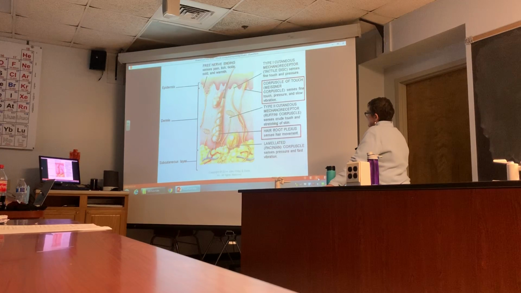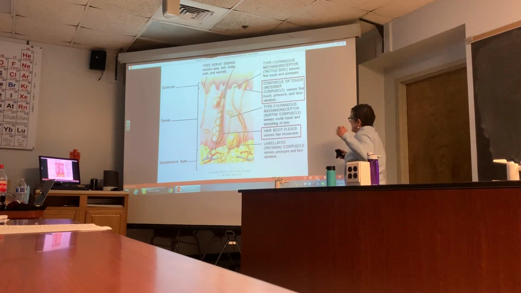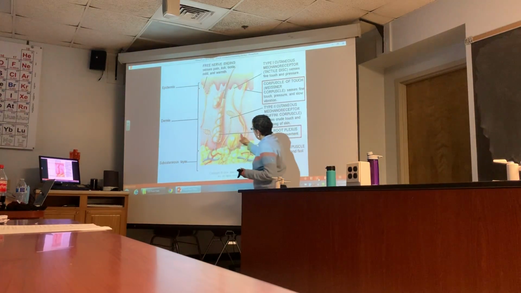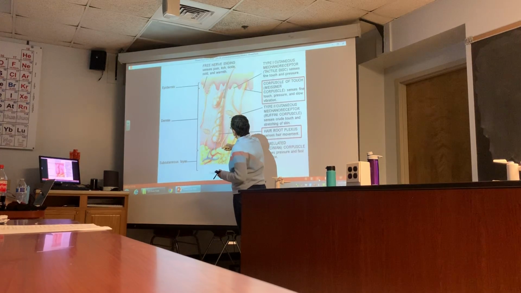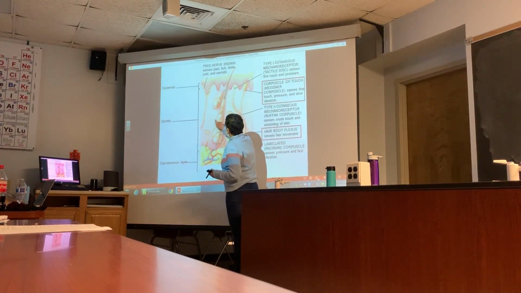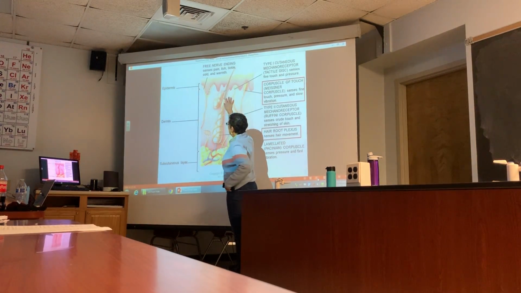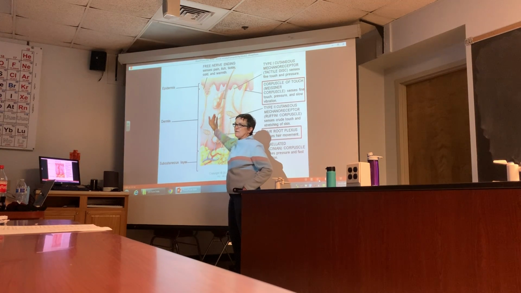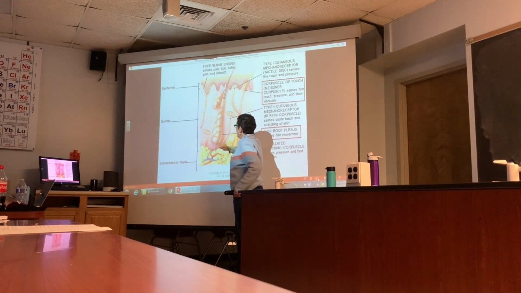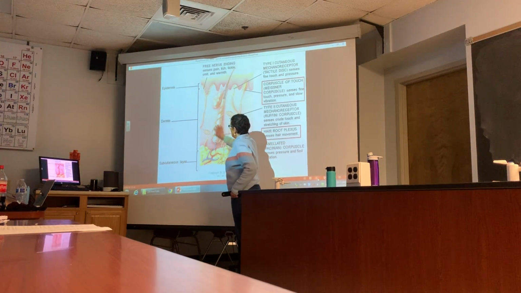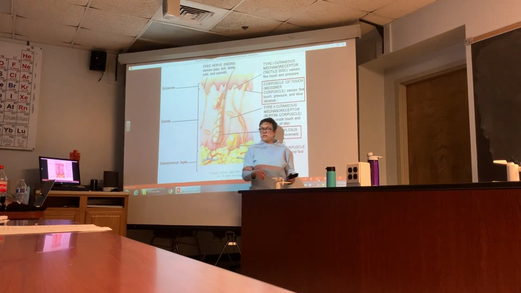Another one we're going to look at is the hair root plexus. The line doesn't quite hit the neuron, I just realized, but this thing is wrapped around the hair follicle. Remember, the hair follicle surrounds the root of the hair, where hair grows, and it's surrounded by these free nerve endings.